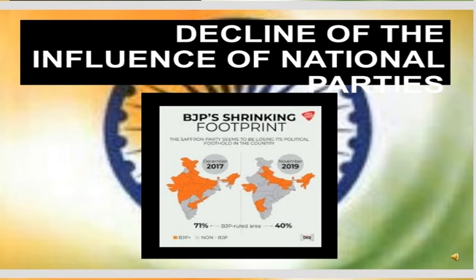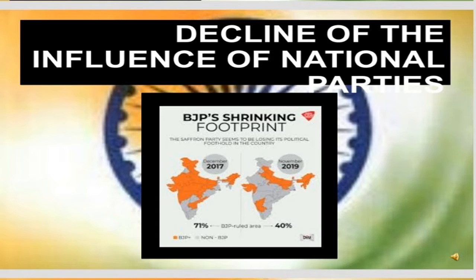In the 14th Lok Sabha, Congress secured only 145 seats, BJP 136, Communist Party of India Marxist 43 seats, and the table shows the influence of national political parties is going on decreasing day by day.